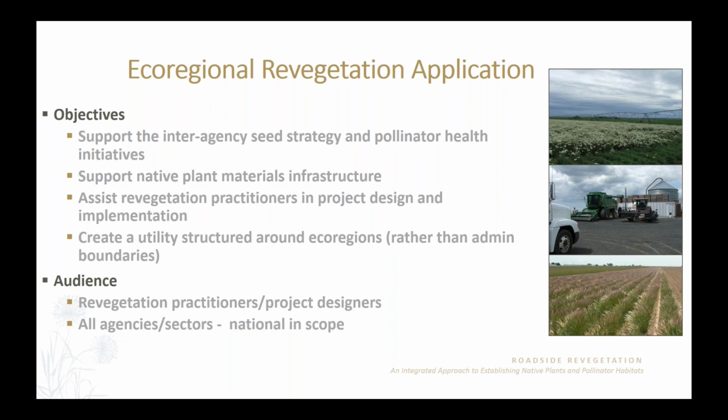The idea was that you could look maybe a little bit broader for seed sources or species to use in terms of their native distributions and things like that. It's for project designers and practitioners, and it's available to the public. And again, like the revision of the manual, this is national in scope.